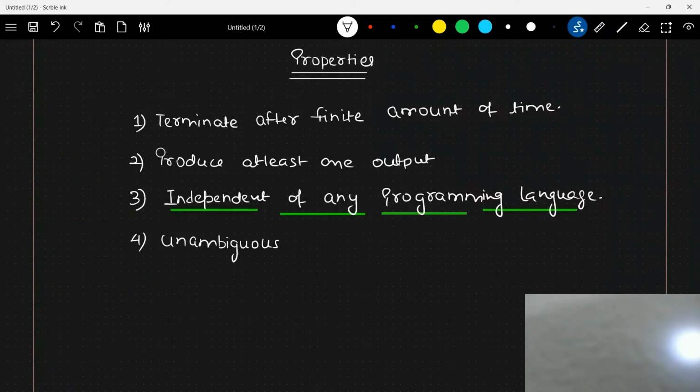Whenever we are talking about unambiguous, the simple meaning is that the output that you are getting from an algorithm should be deterministic. What does that mean? For a given input, for example, you have written some code for multiplication of two numbers, and you are taking the numbers 2 and 3.